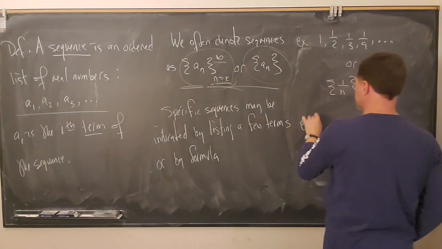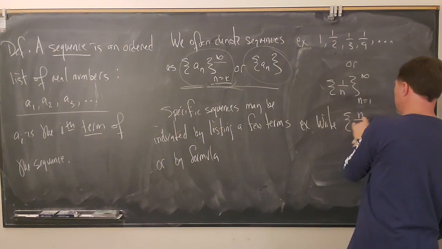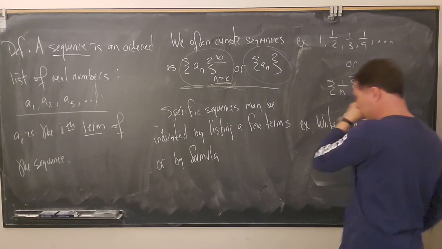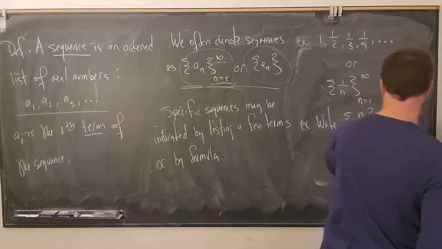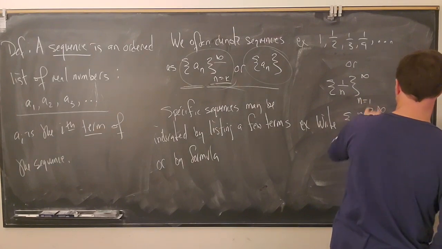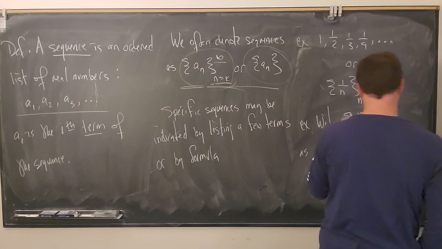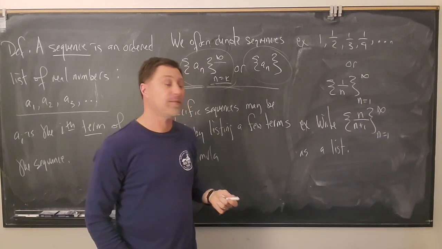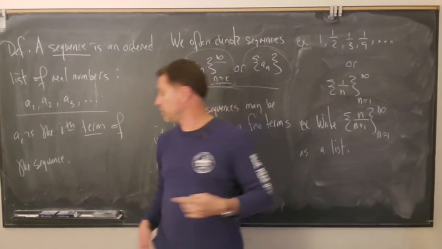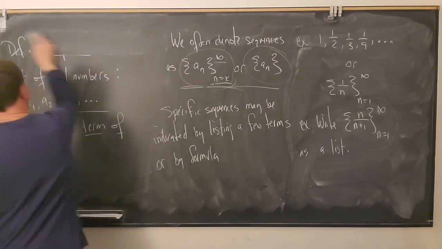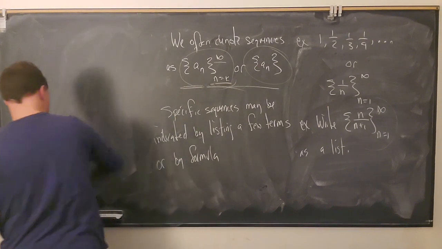So here's an example. Let's write the following sequence, n over n plus 1, where n goes from 1 to infinity, as a list. In this example, we've been given the sequence in formula style, and we need to convert this to list format. So how does this go?